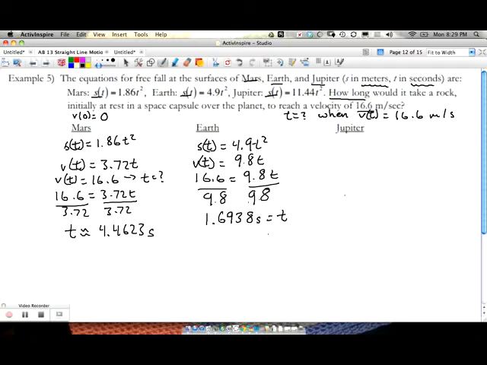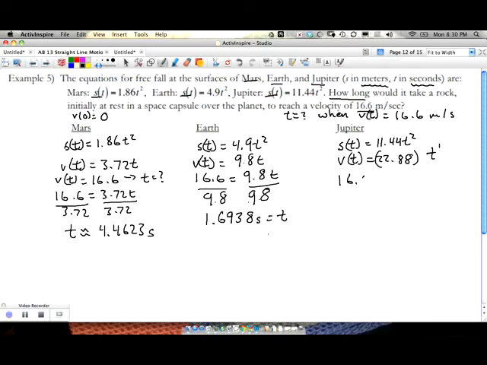Okay, this last one here, and by the way, 16.6 is just arbitrary, nothing special about it. We start out at Jupiter with s of t equals 11.44 t squared. And then when we do velocity, we take the derivative, drop the 2, and it becomes 22.88 times t to the first.